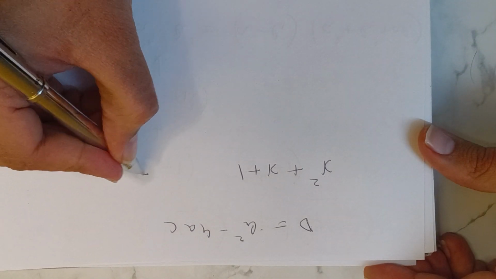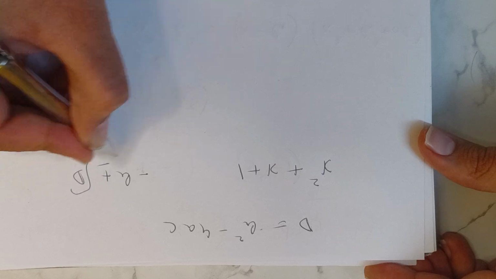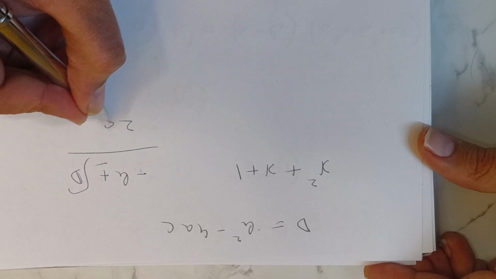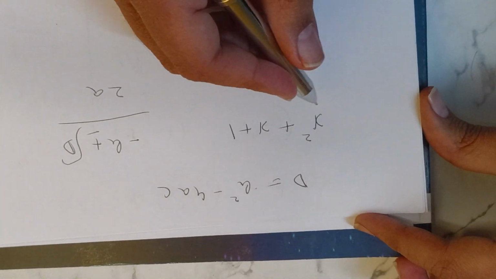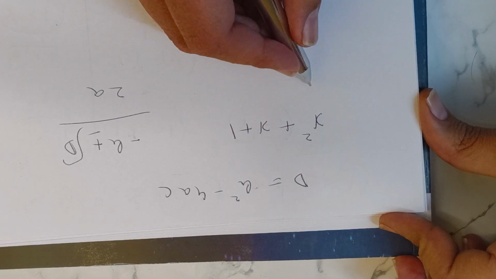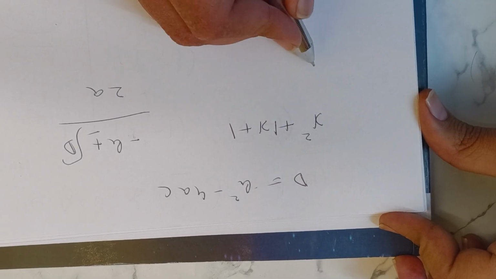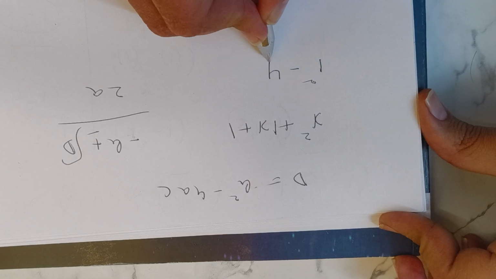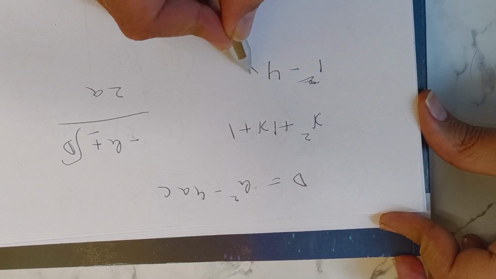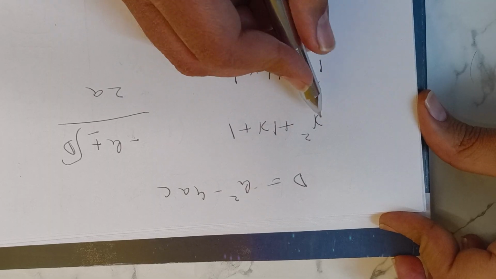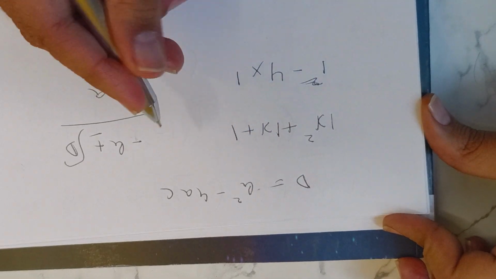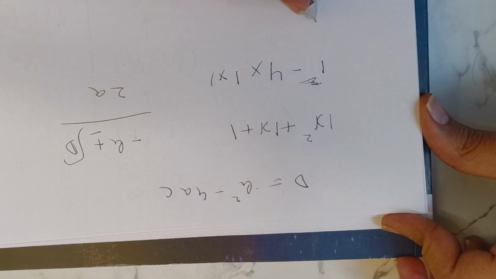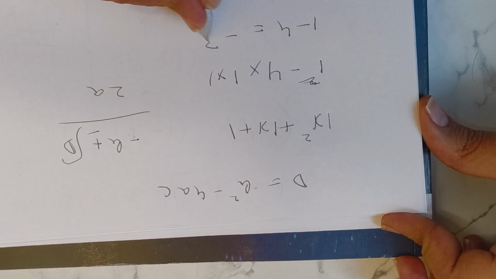So this is the formula to find the roots, minus b plus minus root d by 2a. So let's find d. D is b square minus 4ac. B will be here 1, the coefficient of x, so 1 square minus 4 into 1, this is the coefficient of x square, a, and c is 1, so 1 minus 4 is minus 3.